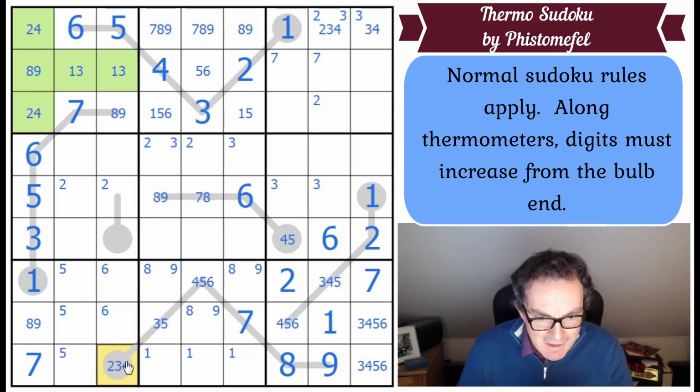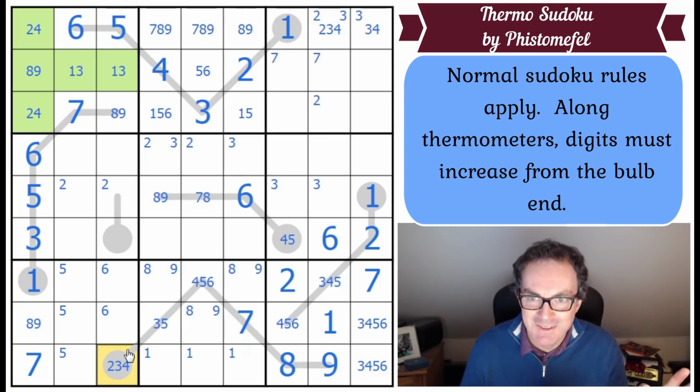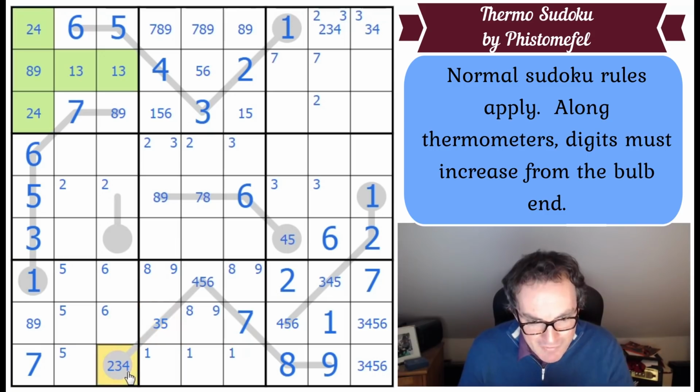If this is not 2, it's 3 or 4. There's a knowledge bomb from Cracking the Cryptic. No, but seriously, whether this is 3 or 4, this is 5 and this is 6. But the 6 here in box 7 would be there. So this domino would become a 5-6 domino.